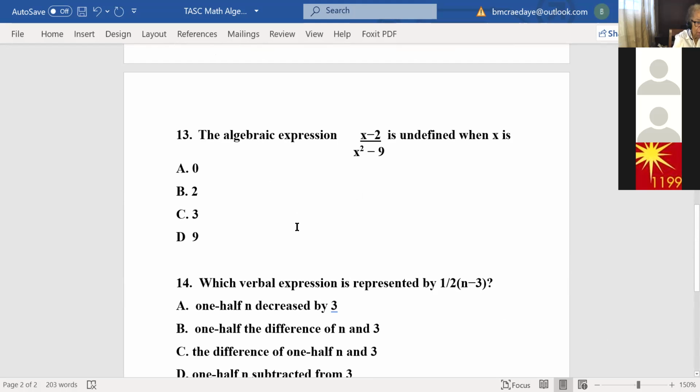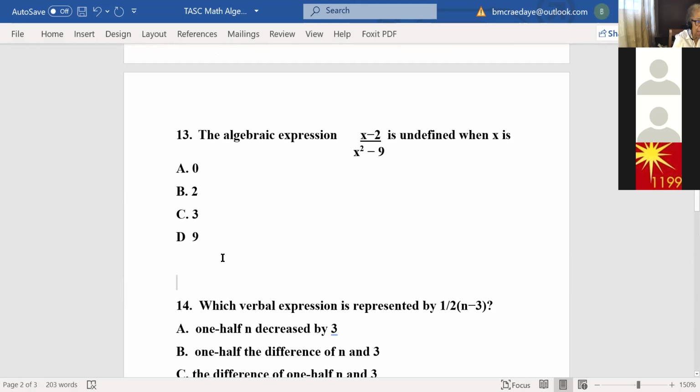If something is undefined, it could be undefined expressions, or it could be equations.